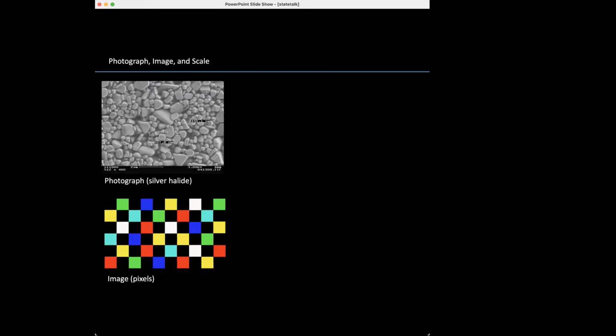So a photograph can be made into an image. An image can't be made into a photograph. A photograph can be made into an image by using a scanning sensor to create a pattern of digital pixels. And when this is done, these former photographs, now referred to as images, allow for manipulation.